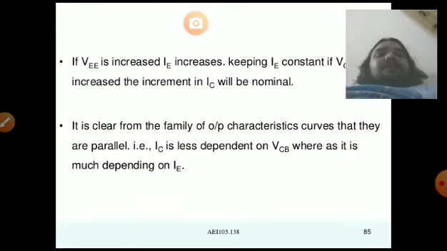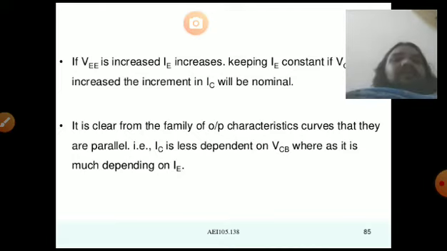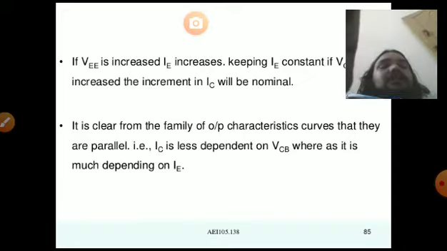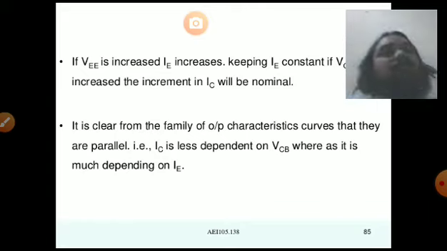It is clear from the family of output characteristic curves that they are parallel, that is, IC is less dependent on VCB, whereas it is much dependent on IE.